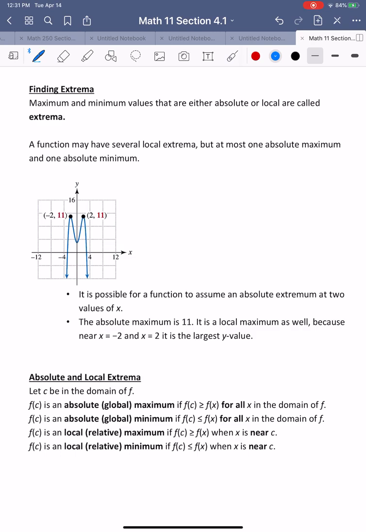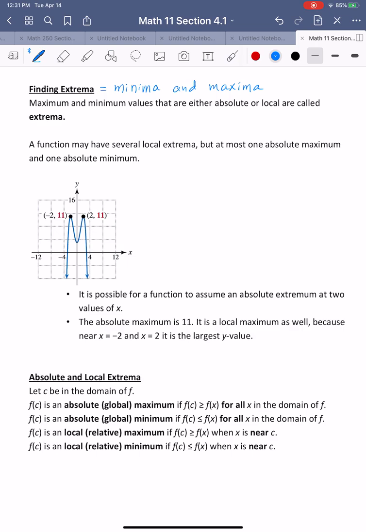Extrema also has minima and maxima. When you have more than one minimum, we call them minima, and if you have more than one maximum, we call them maxima.